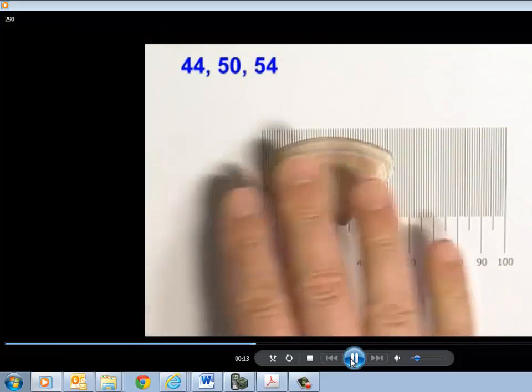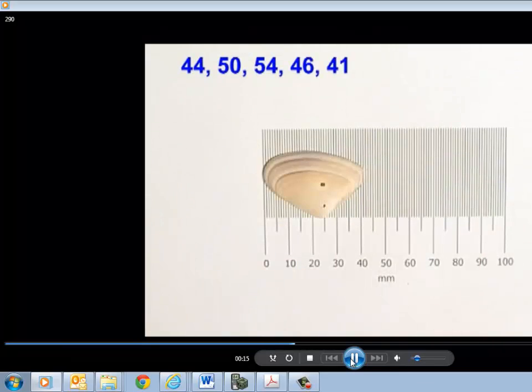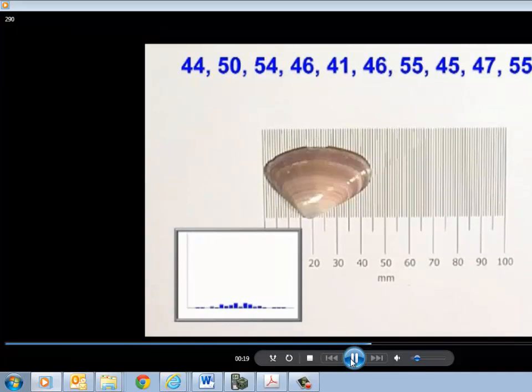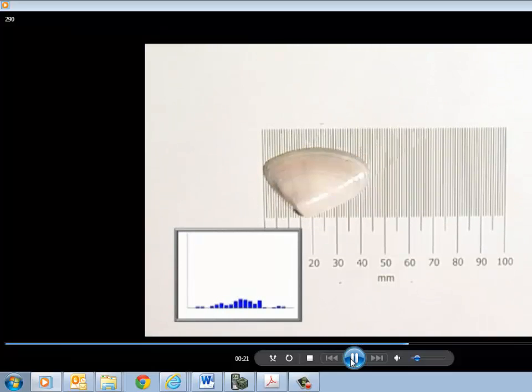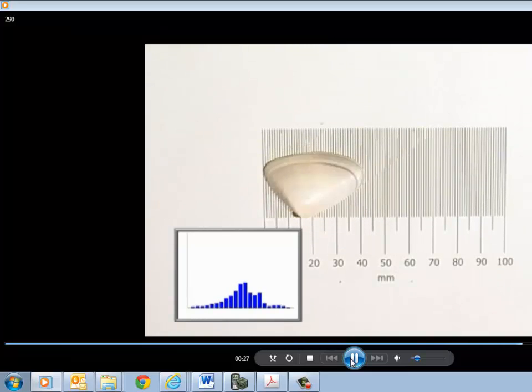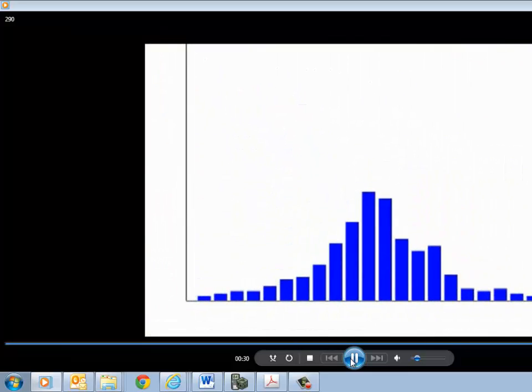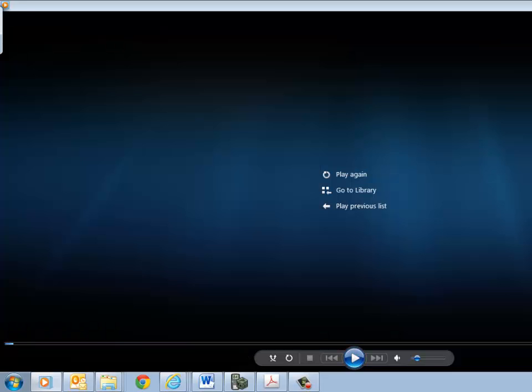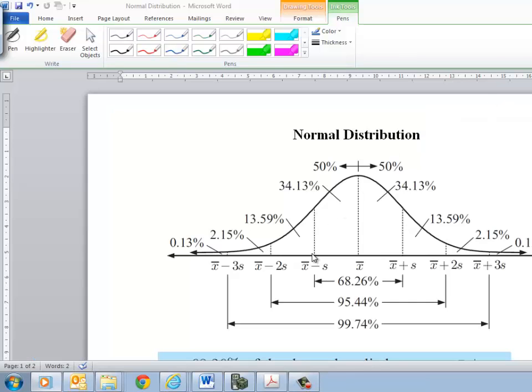Now what this video is showing you is if you take a large enough sample, and you'll start seeing the graph down the bottom, if your sample is large enough, doesn't matter what your sample is, it will always become a normal distribution. Now generally a sample of 30 or more will always be normally distributed. All right, so you get that sort of bell-shaped curve. So that's what that little demo is all about.